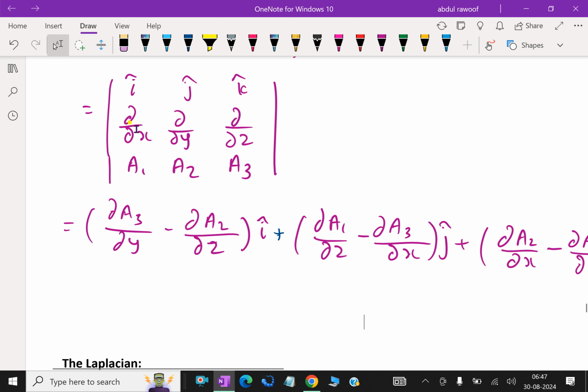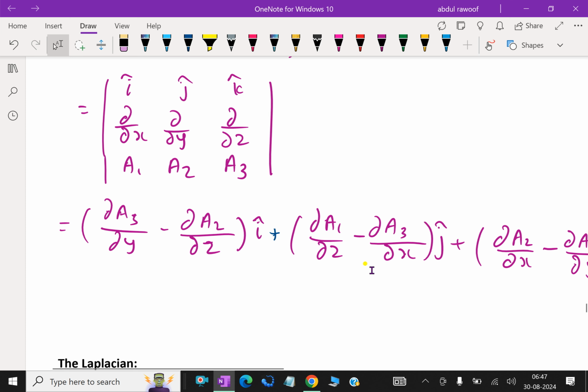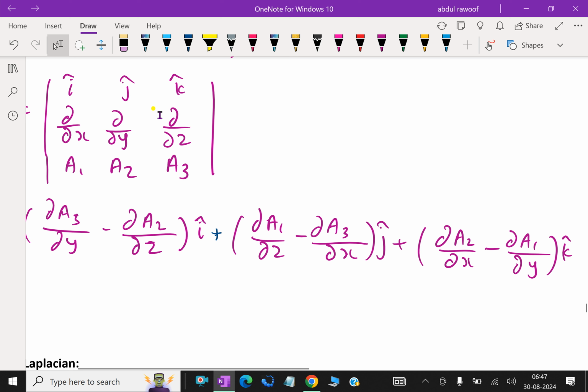For j, we have to multiply these two things. Because here actually minus we need, but we change the order here, so it becomes plus. Next one, plus k vector into these two things, that is dou A2 by dou x and dou A1 by dou y, k vector.